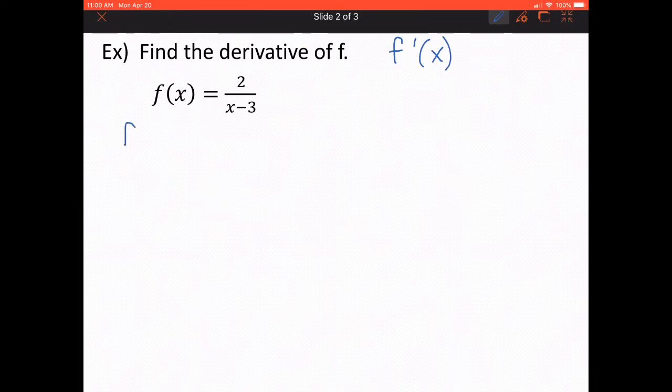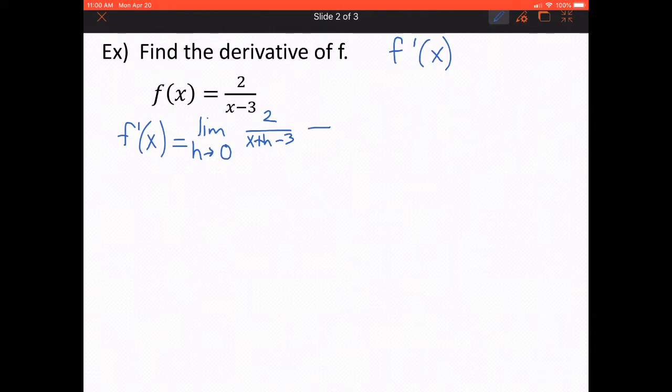So not at a specific value, but for every x for the function. So we have f prime of x equals the limit as h approaches 0. And our first part is going to be f of x plus h. So I'm going to replace the x with x plus h. So I have 2 over x plus h, and I still have the minus 3.